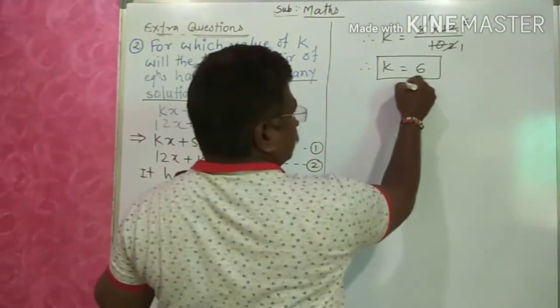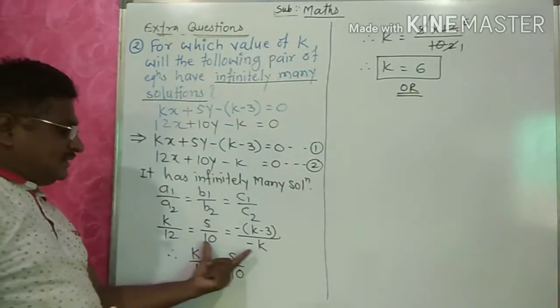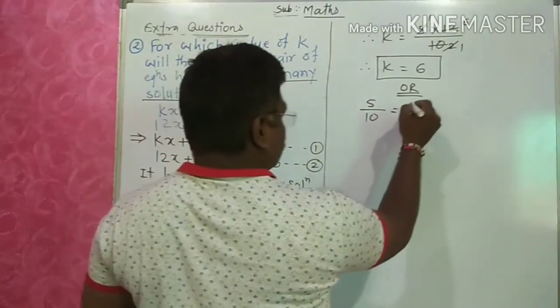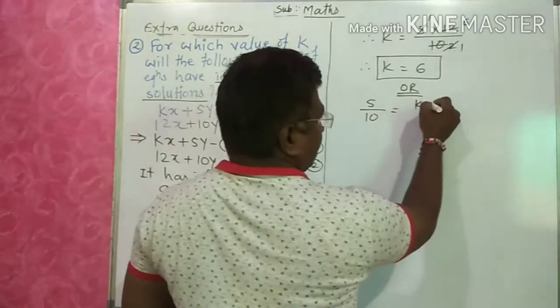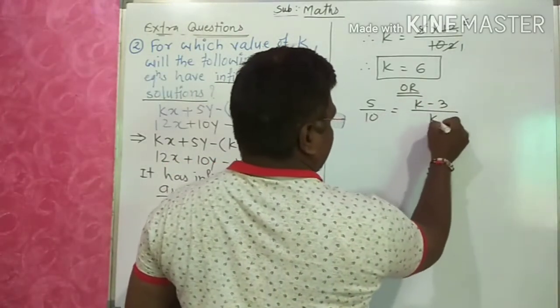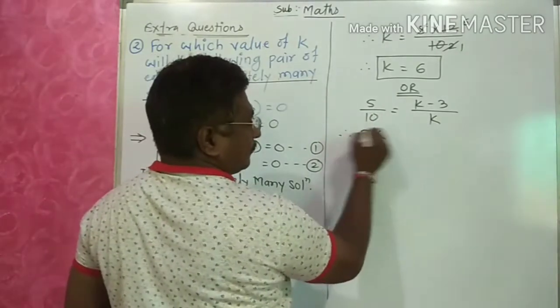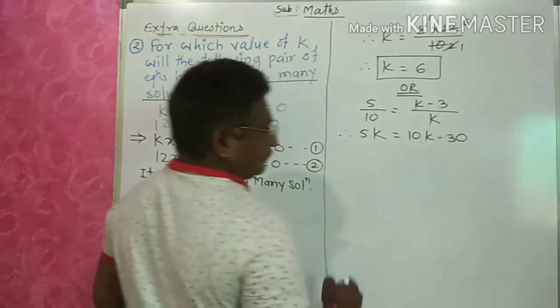Or if you don't want to consider this, then consider this. 5 by 10 equals minus, minus cancel. So what will we get? K minus 3 by k. Cross multiply: 5k equals 10k minus 30.